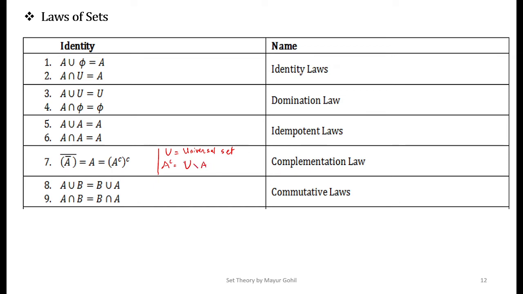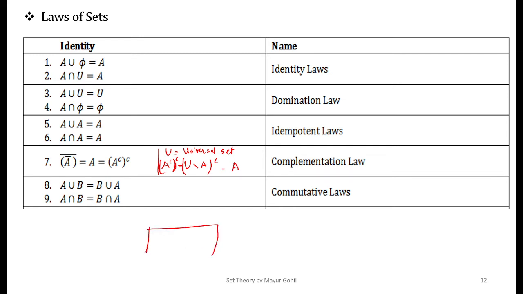Okay, and when I take the complement of this, it will become the complement of this. So that will give me, again, I'll go back to A, because you have only two sets, right?